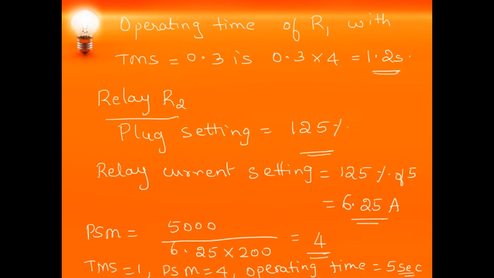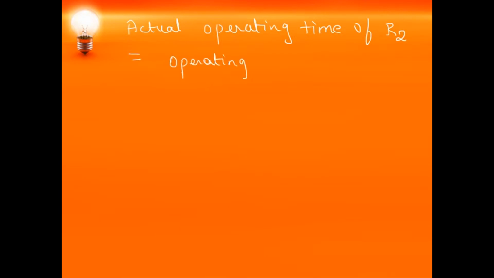Now we will find the actual operating time of R2, keeping in mind the time margin. The actual operating time of R2 is equal to the operating time of R1 plus the time grading margin. That means if relay 1 fails to operate, then relay 2 has to operate, so the time taken for relay 1 also has to be considered.